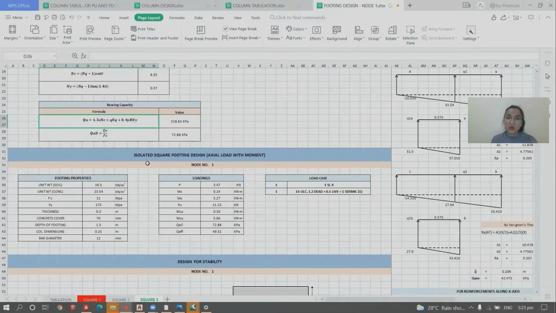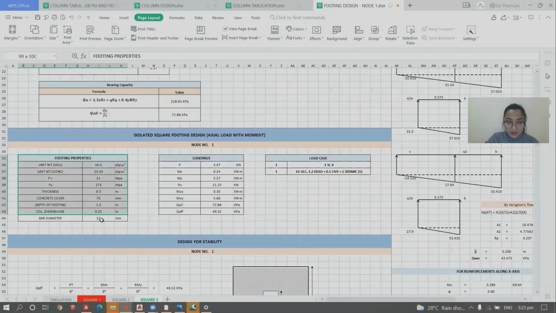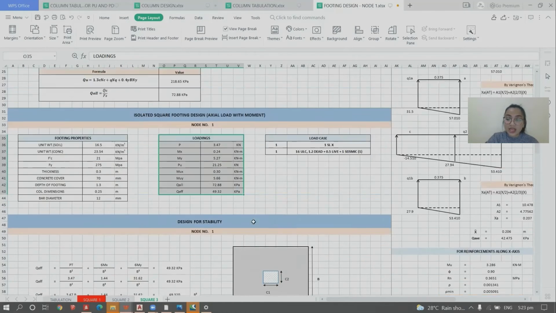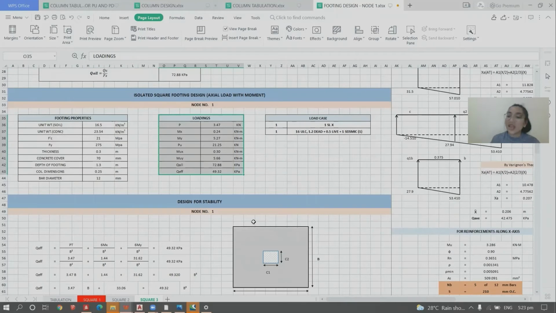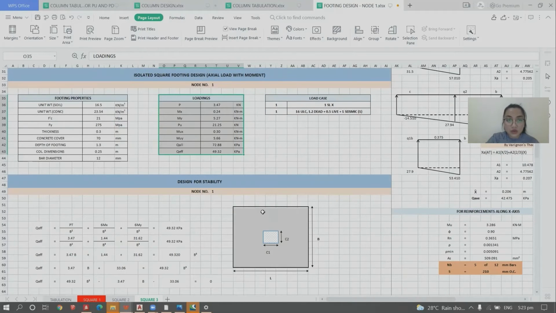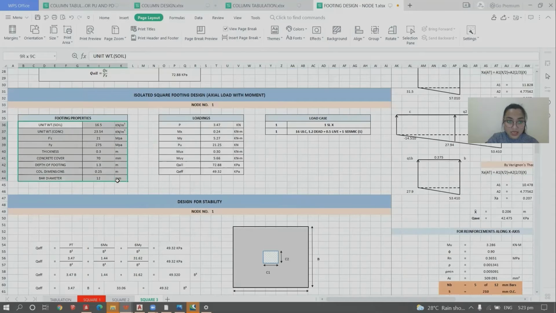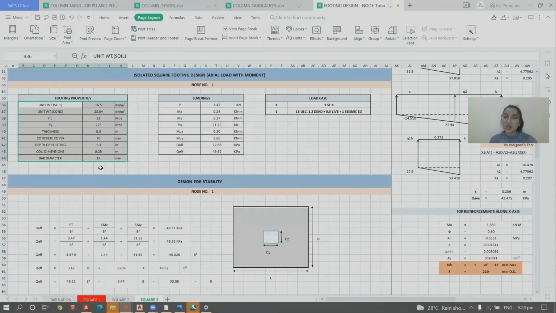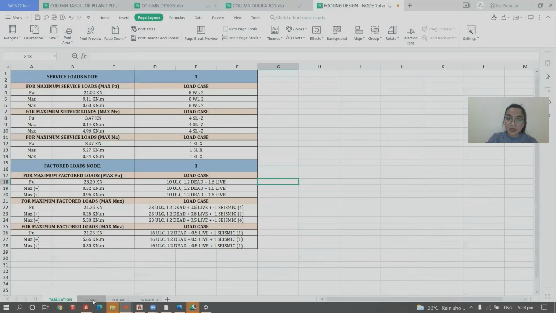Now let's proceed to isolated square footing design, actual loading moment. So these are the set of parameters that we need to calculate the design for the footing. So we have soil properties, same as before, and I chose bar diameter 12 mm. And then for loadings, these also come from the STAAD analysis.